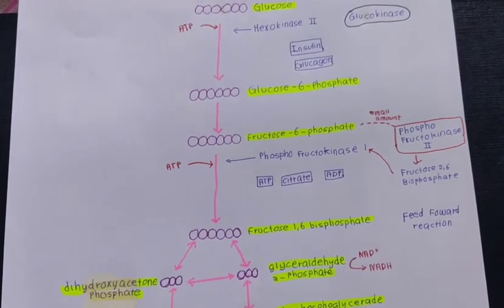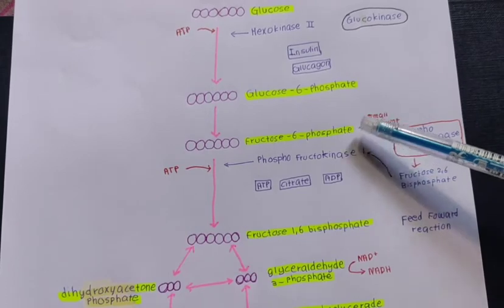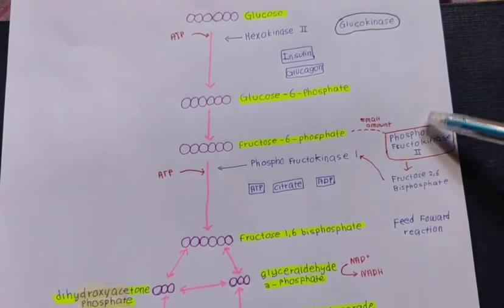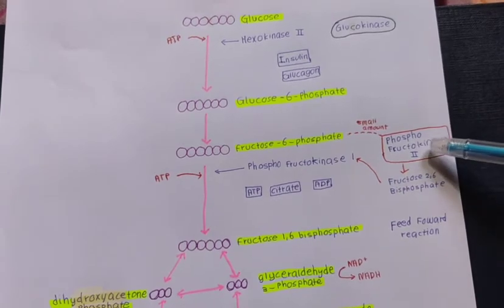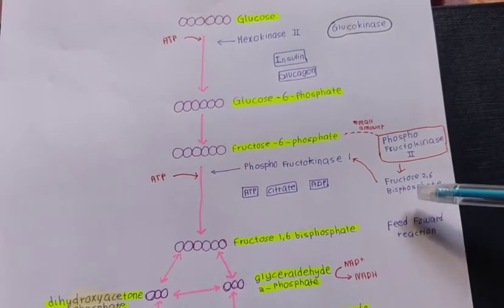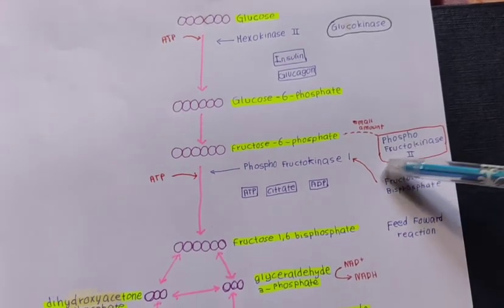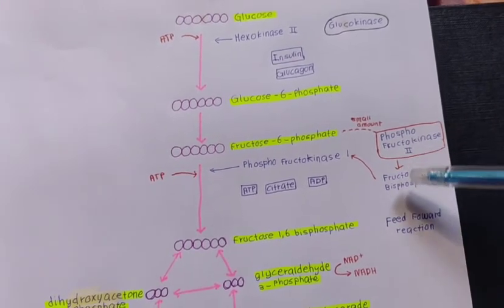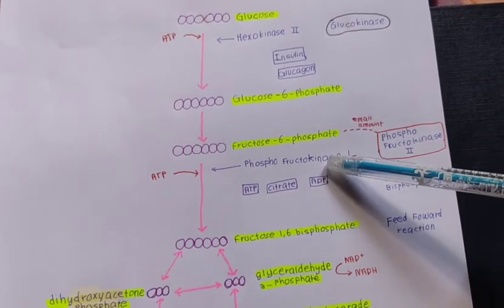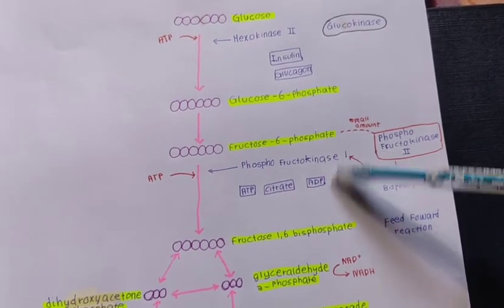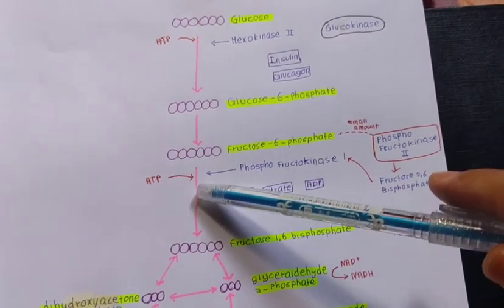Another thing that we need to know is there is a small amount of fructose-6-phosphate that reacts with the enzyme phosphofructokinase type 2 to make fructose 2,6 bisphosphate. And then this fructose 2,6 bisphosphate can stimulate the phosphofructokinase type 1 enzyme to increase this process.